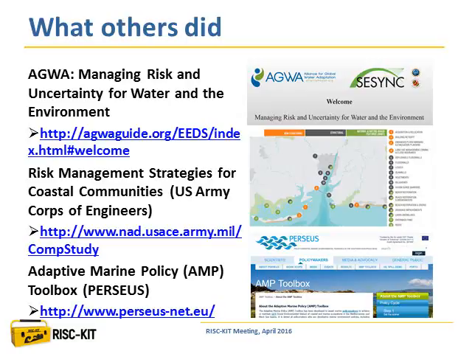It's called Managing Risk and Uncertainty in Water and Environment. The second was developed by the US Army Corps of Engineers. It's the risk management strategies for coastal communities. And as you can see already in the middle picture here, that is what we call a map-based guide, where you can click on the map and see different things.